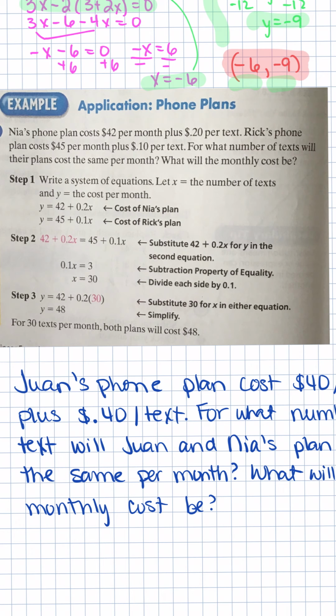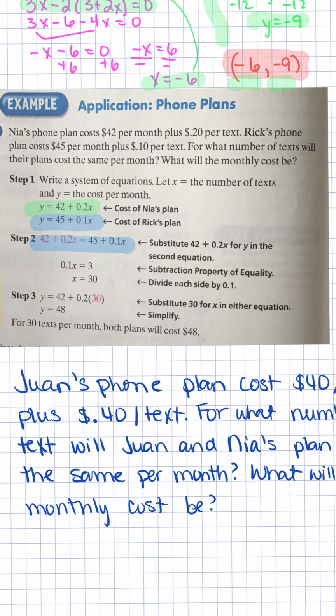So first thing we need to do is write a system of equations. So here is Nina's phone plan in equation form, and here is Rick's phone plan in equation form. And then we can substitute. This particular one here, they just put y equals, so they substituted for y, and then we got this equation.